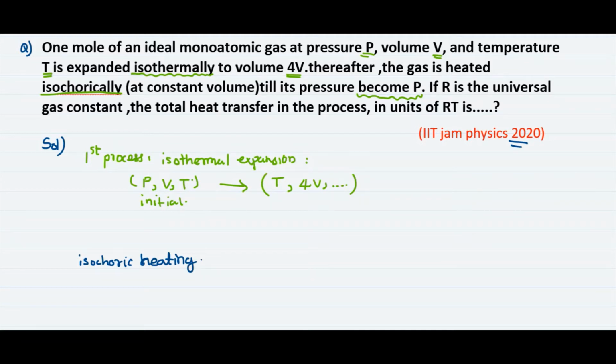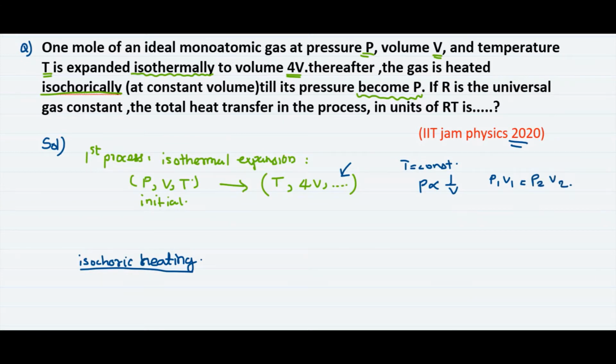So here, before writing this, we can calculate this pressure. Here is isothermal expansion, so T is constant. When T is constant, we know the relation between pressure and volume. Pressure will be inversely proportional to V, or you can say P1 V1 is equal to P2 V2, right?